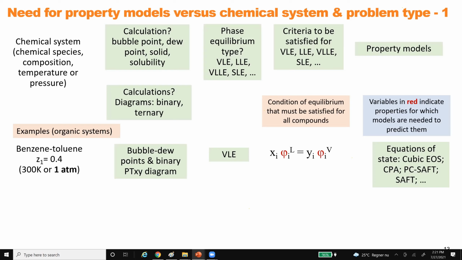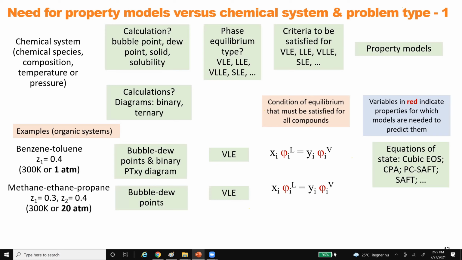Any cubic equations of state, non-cubic equations of state, any equations of state will give us the fugacity of the vapor and liquid for every compound. And then we have to check whether this condition is satisfied. If this condition is satisfied, then the compositions correspond to the compositions in equilibrium. This is at 1 atmosphere.